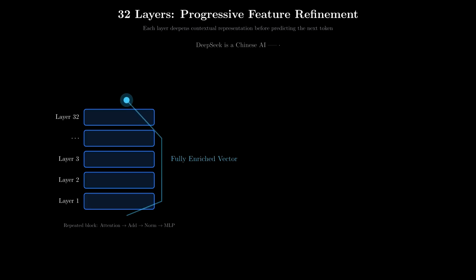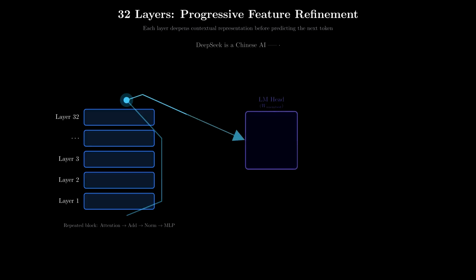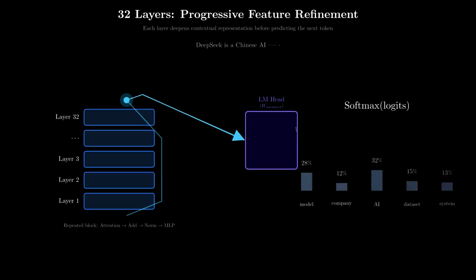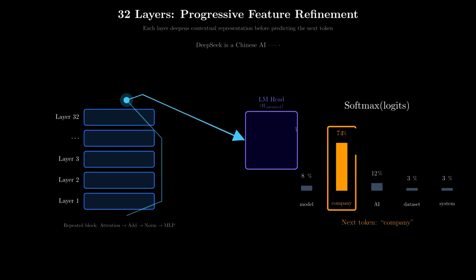The layer 32 vector enters the LLM head. Softmax converts the output into probabilities, predicting company at 74%. We saw the next token probability, but what actually happened to our token in geometric space across this entire pipeline?